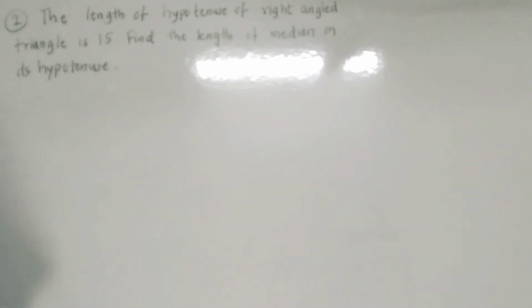Second example: the length of the hypotenuse of a right angle triangle is 15. Find the length of the median on its hypotenuse.